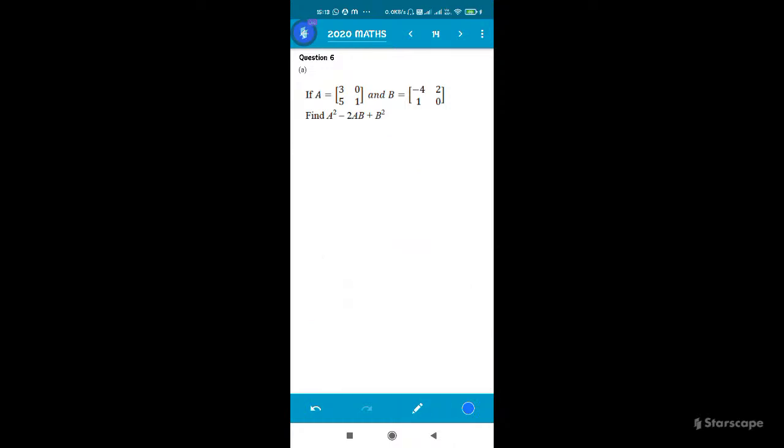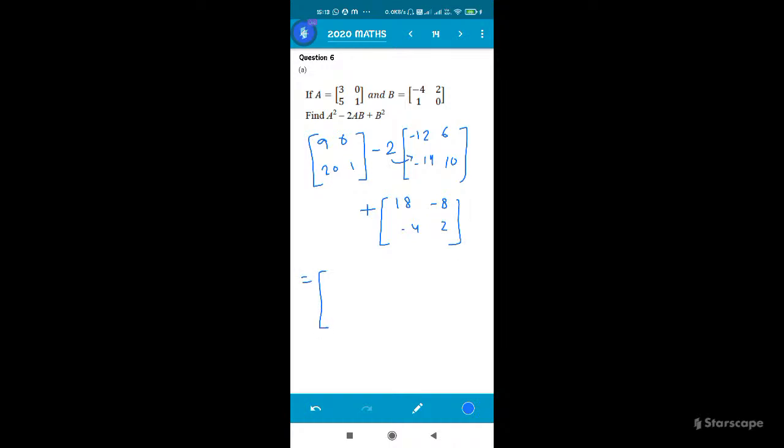So A square we got as [9 0; 2 1]. Then we have a minus 2 here, and AB we got as minus 12, 6, minus 19 and 10, and B square we got as 18, minus 8, minus 4 and 2. Okay, so let's solve it. First of all we have to multiply 2 with this matrix and keep everything as it is.